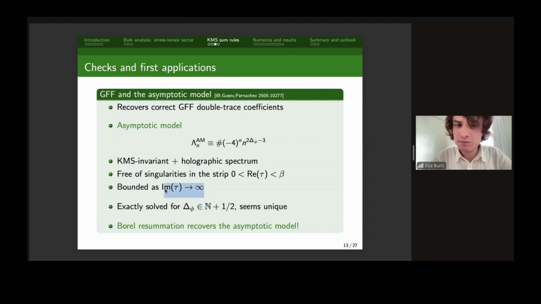Because this property is somehow sensitive to low-lying thermal coefficients, and it will be violated in general by the asymptotic model. Yeah, that's a very good point, which I should have said. Thanks.